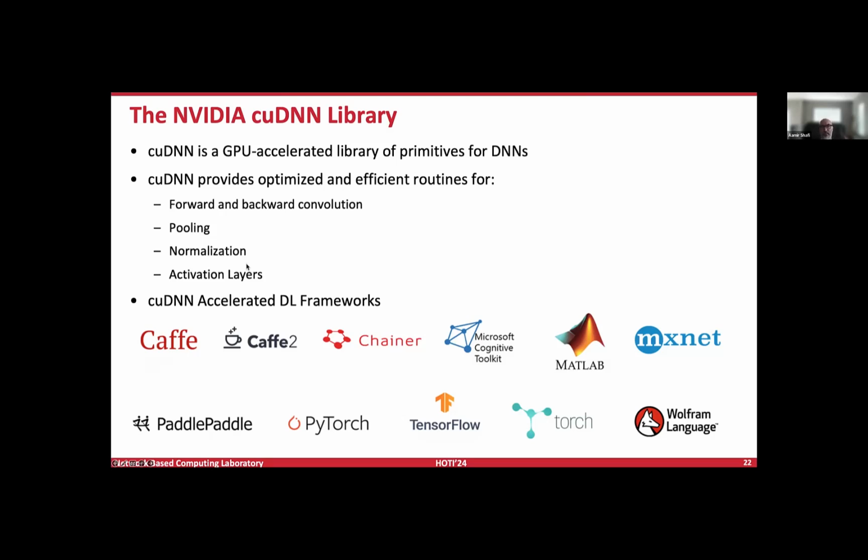And cuDNN is the library that provides very optimized implementations of these on NVIDIA GPUs. Today, cuDNN-accelerated DL support is available in almost all the DL frameworks out there. For example, if you have used PyTorch or TensorFlow, whenever we install them, they rely on cuDNN to efficiently perform math operations on whatever compute devices you are utilizing.